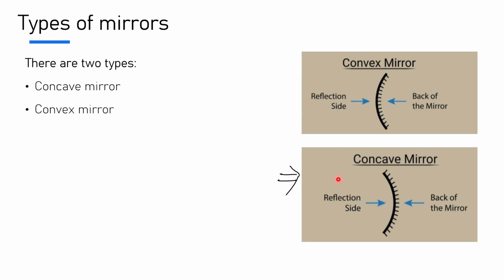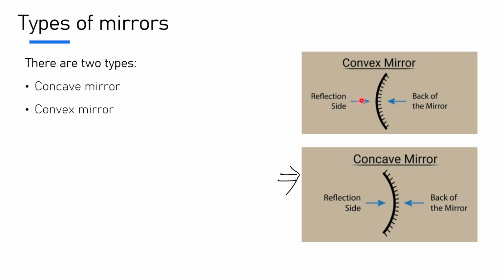In module 2 we have seen real image, virtual image, right? So we will see our picture in the reflecting side. Now what about convex? This line shows the back part of the mirror and the bold side shows the reflecting side.